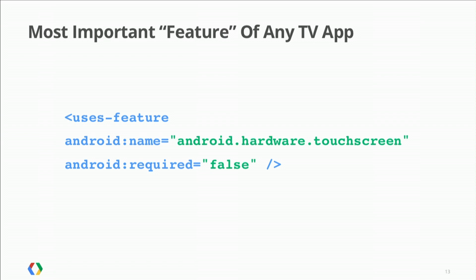You have to add a very simple tag to your manifest to declare that you have tested your app without a touch screen and your app is ready to run on a device that does not have a touch screen. It's a simple manifest tag. You just declare the feature android.hardware.touchscreen is not required. And if you do that, your app will show up in the Play Store, and it will show up when somebody goes in from a Google TV.